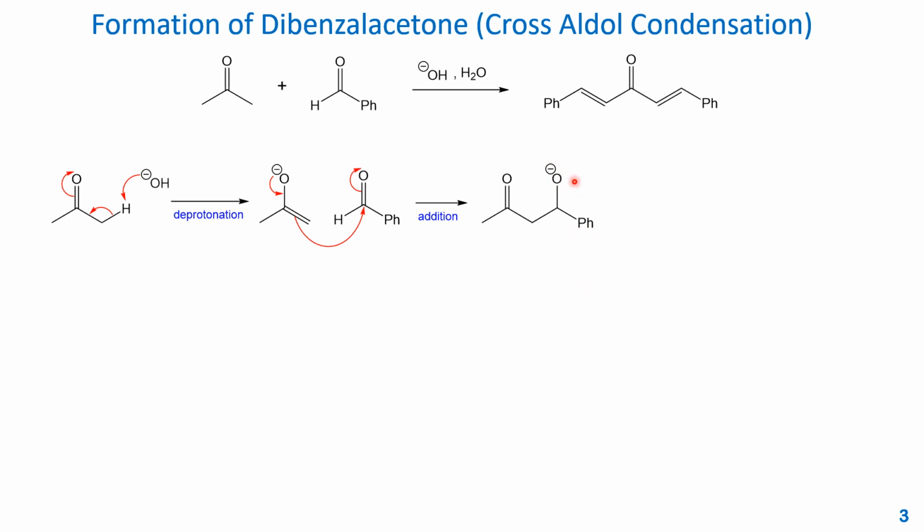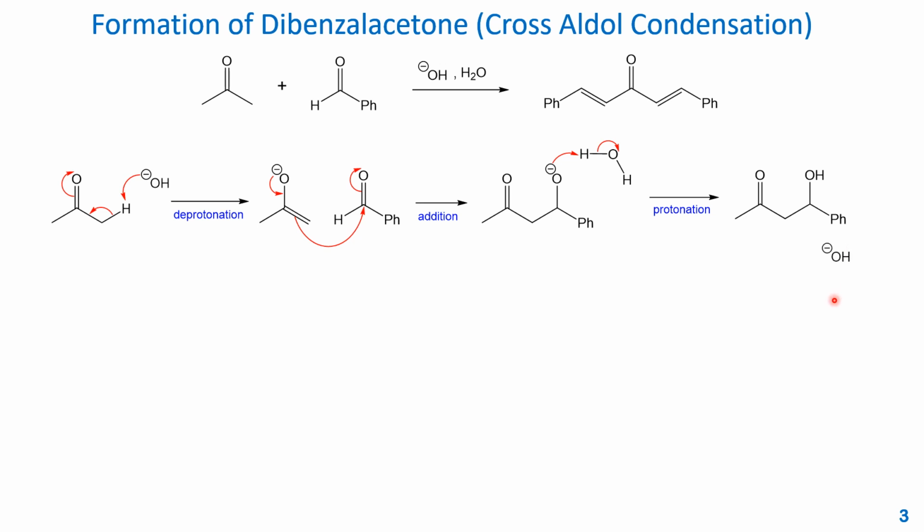intermediate. This oxide will be protonated by water. Basically, the electron from oxygen attacks this proton and pushes the sigma electron to the oxygen. And then protonation will give you the neutral intermediate. This is the aldol product.